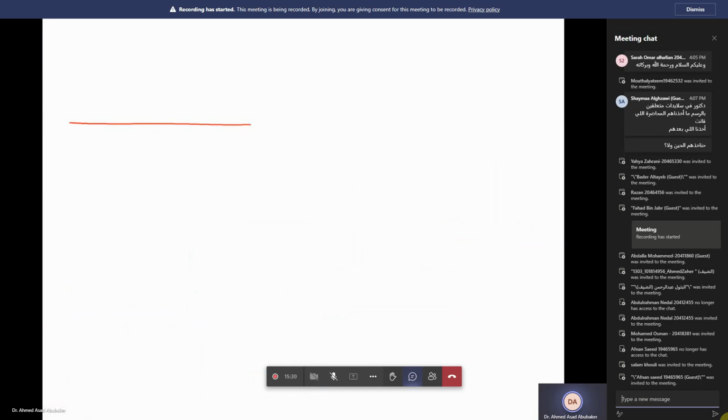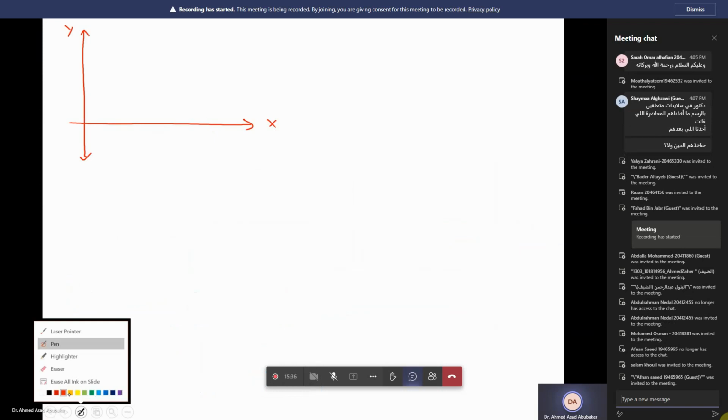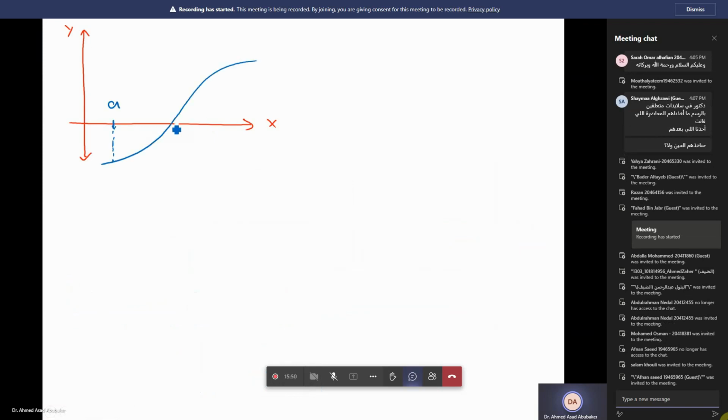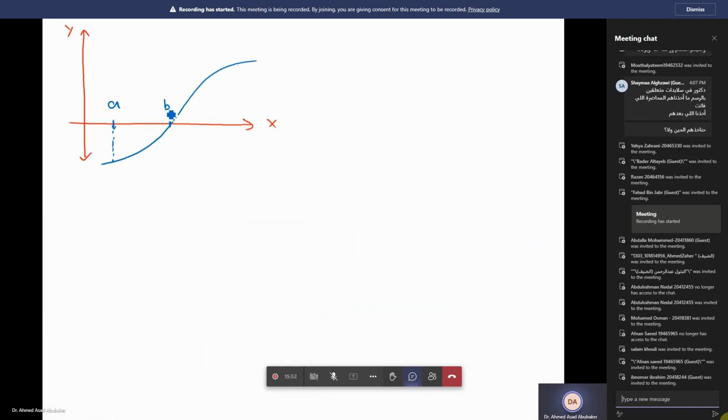If we have x and y and the curve of f of x, the part above the x-axis, and we have another part under the x-axis from A to B under the x-axis, and from B to C above the x-axis, for f of x.